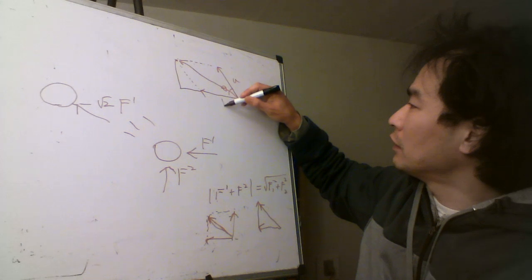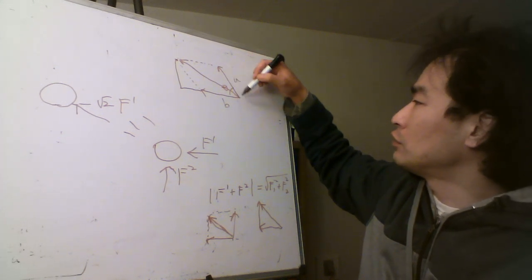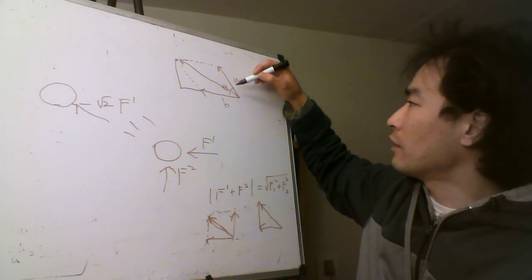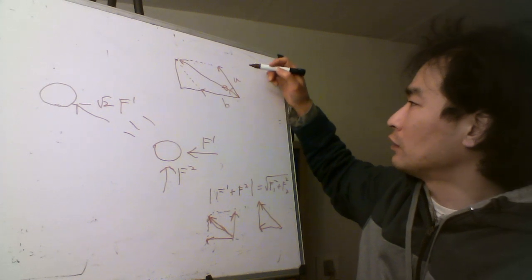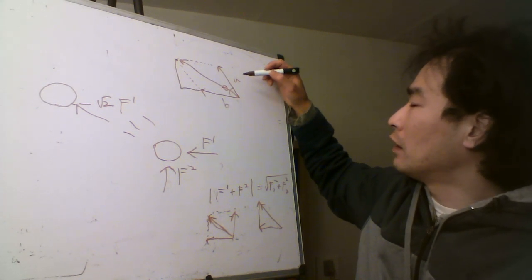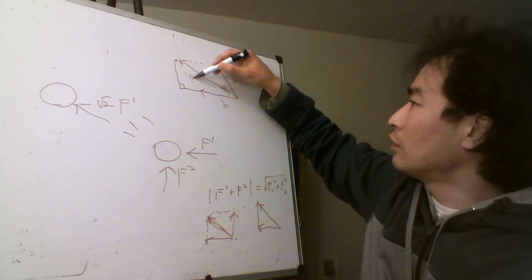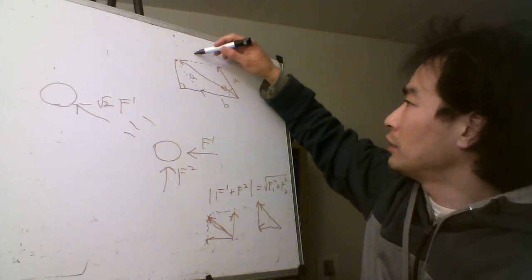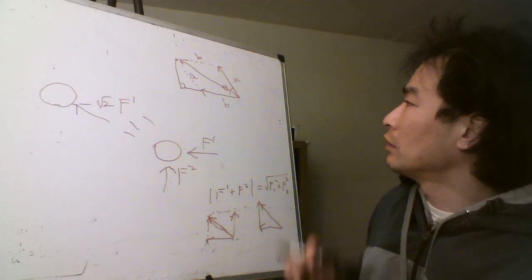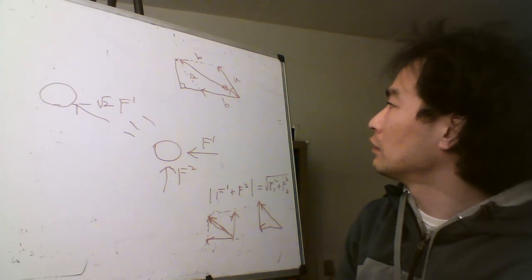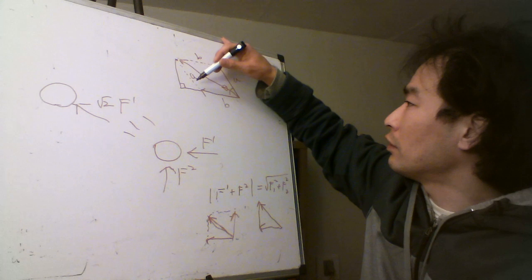A, B. Let's say these two vectors are different length and it has this theta angle, okay? So you have A here, B here. Angle theta here.